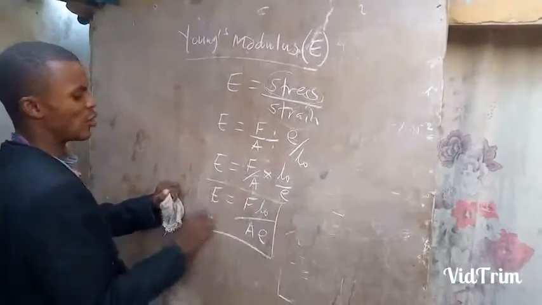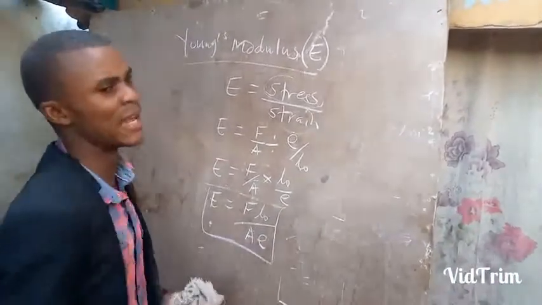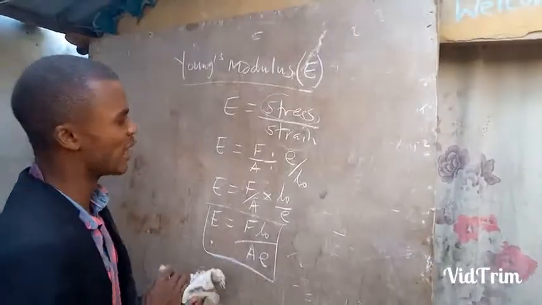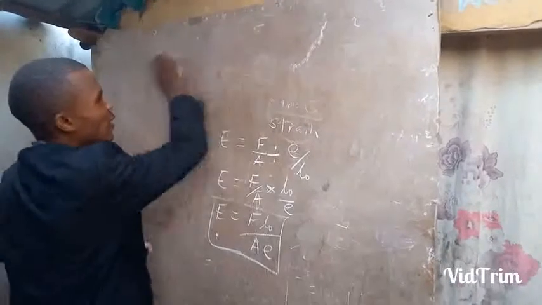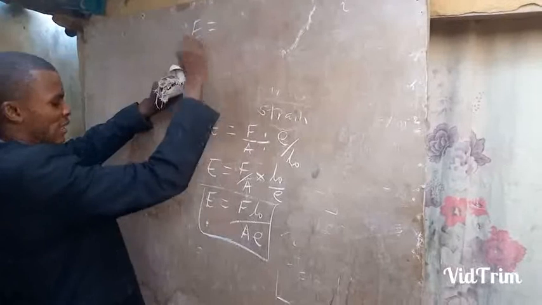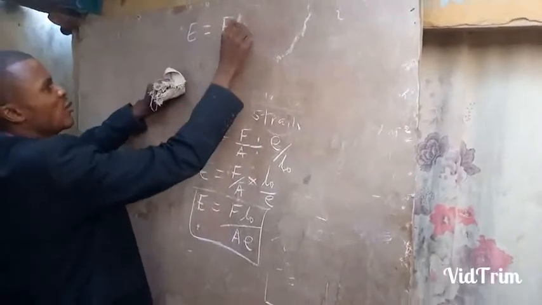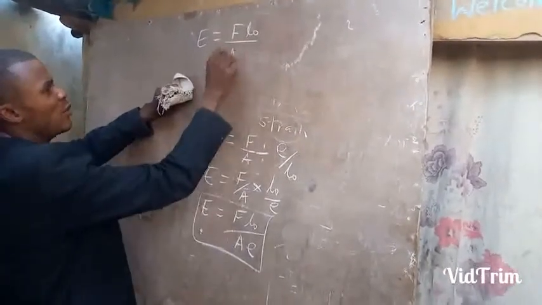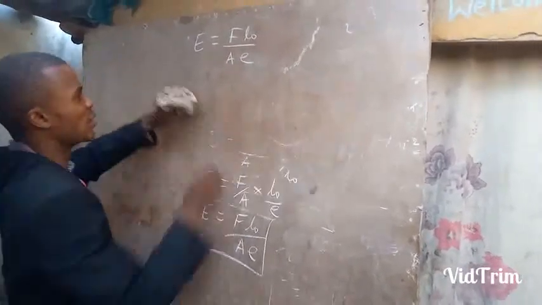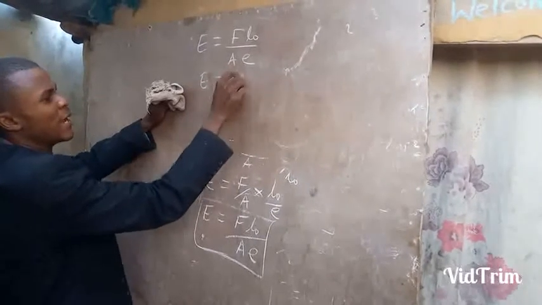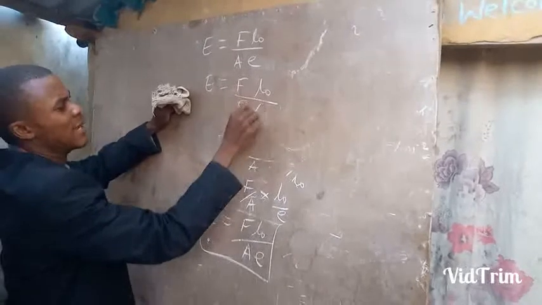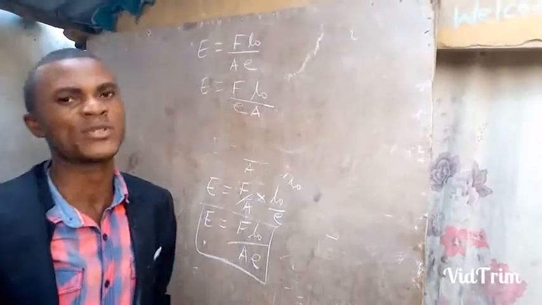So the formula for the Young's modulus is force times original length divided by the area multiplied by the extension of the material. We progress with that analysis more. If I separate this out, F L0 divided by A times e is the same as e times A. 3 times 2 is the same as 2 times 3.